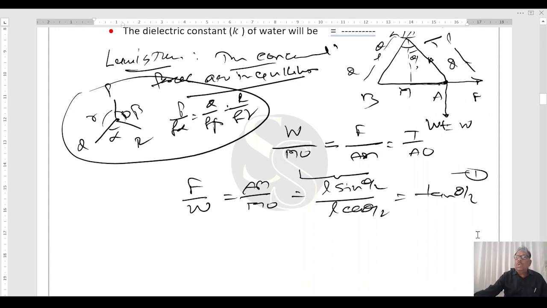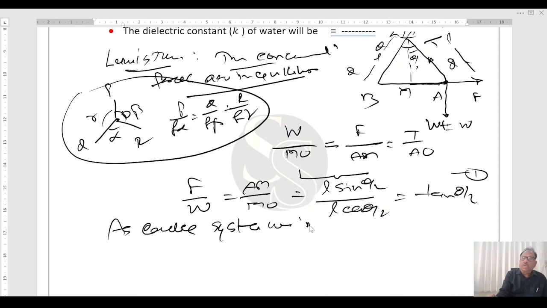Now, earlier the system was in air, and later suspended in water, say a liquid.